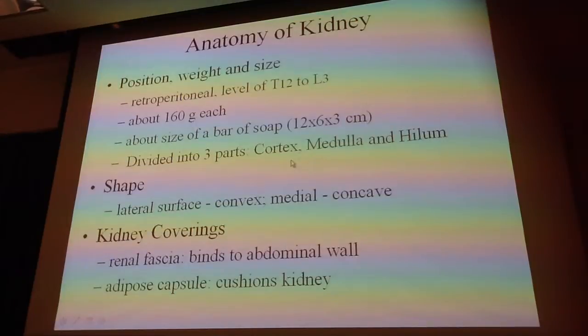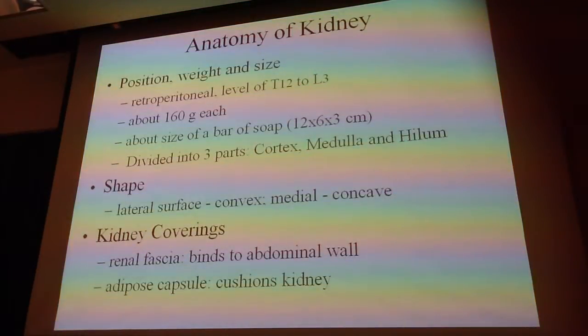This next part here, the cortex, the medulla, and the hilum. This is going to be important for you. How many of you, when you're doing a renal study, have three separate regions of interest? You have the cortex and the medulla separated? Okay. Yeah, some people just draw the whole kidney. We do the whole thing, and then we also do the cortex. Oh, okay. The cortex is where the glomeruli are.